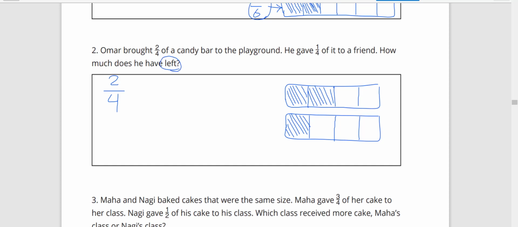He has left, it must be subtract. Two fourths subtract one fourth equals what? This bar of candy is shaded two parts, and he gives one part of it to a friend.